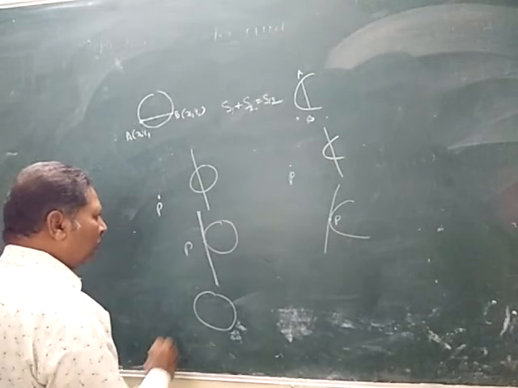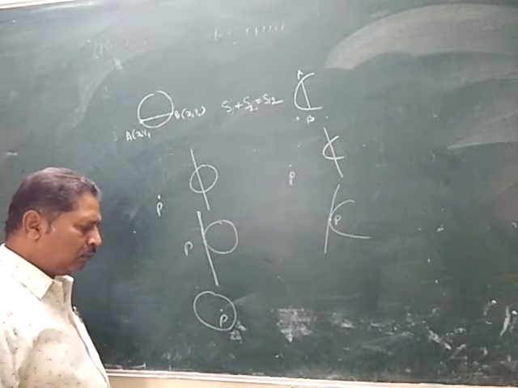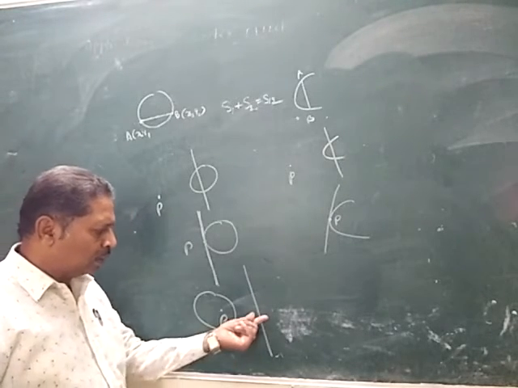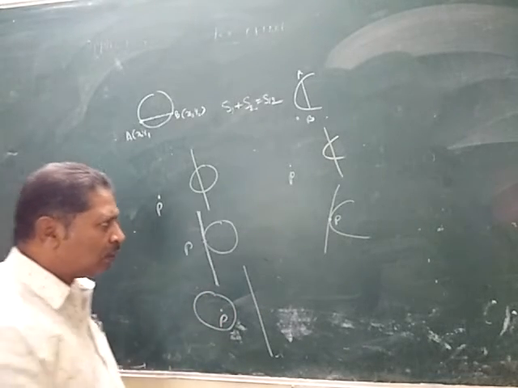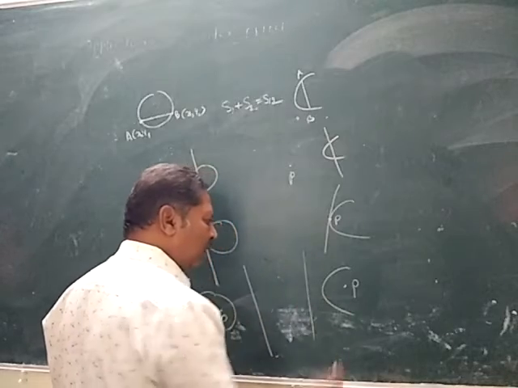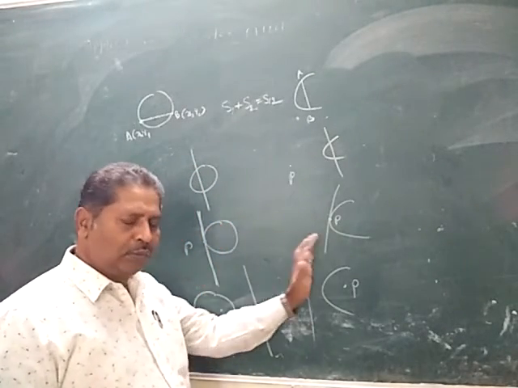Suppose P lies inside the circle, then the polar does not touch and does not intersect the circle. Similarly, this one also. Suppose P lies inside, then the polar is this one. Same concept.